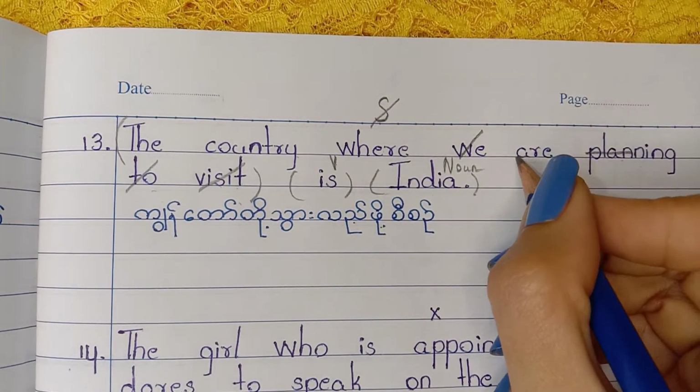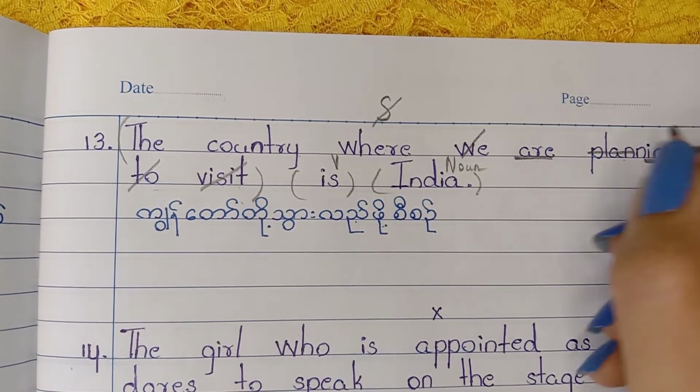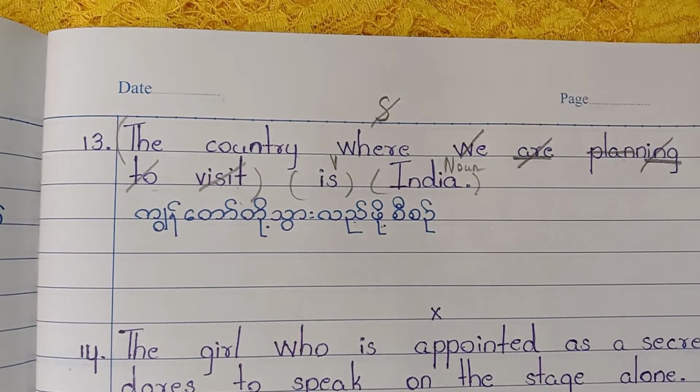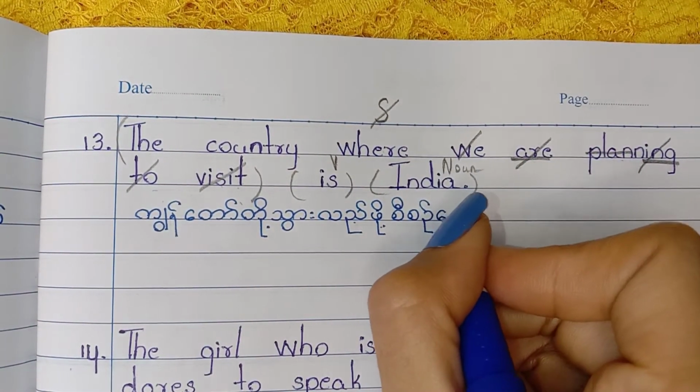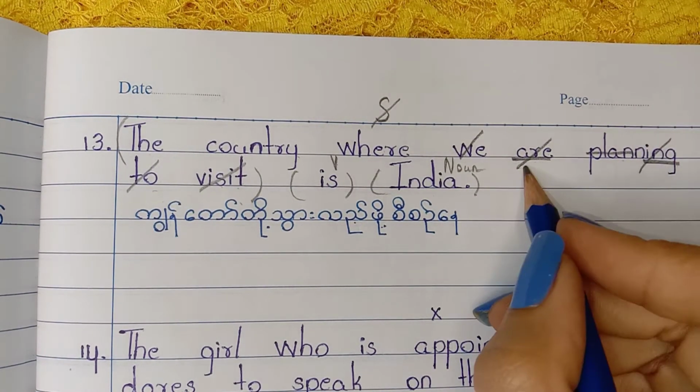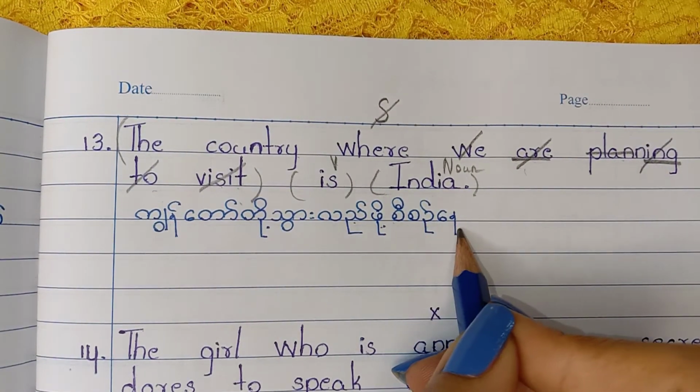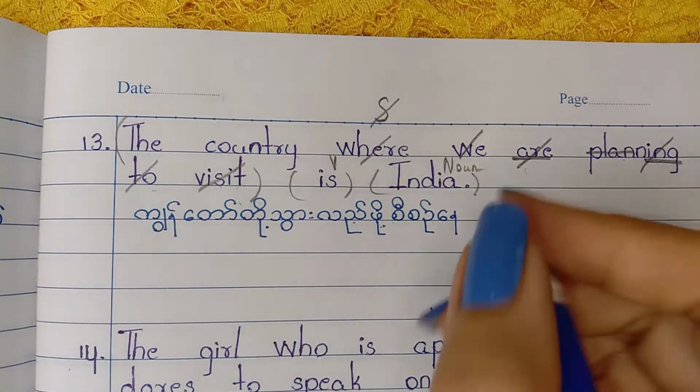So here it is am, is, are plus ing, right? That's why you have to translate as a continuous tense. Are planning, continuous tense.